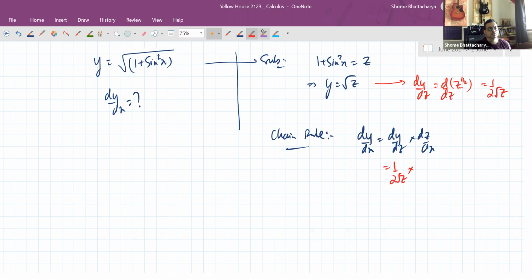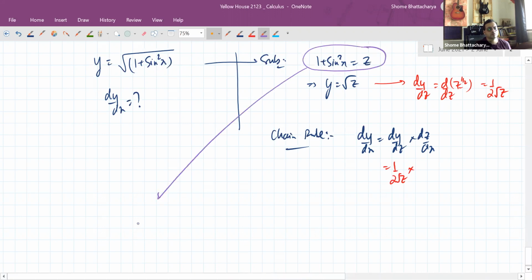Okay, so this step is coming as 1 by 2 root z. But what about dz by dx? For differentiation of this, again we have to use chain rule. z is equal to 1 plus sine square x. So for dz by dx, again use chain rule. Take sine x as some new variable, let's say u. So therefore, z becomes 1 plus u square.